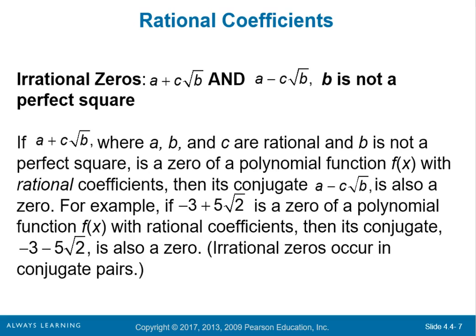But if you don't have a perfect square, in this case they give an example of -3 plus 5 square root 2. If that's a 0 of the function, then its conjugate is also a 0. So you'd have -3 minus 5 square root 2. You can't have one or the other. You have to have both.